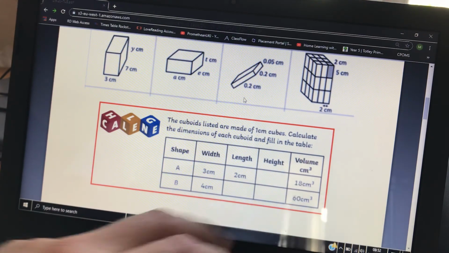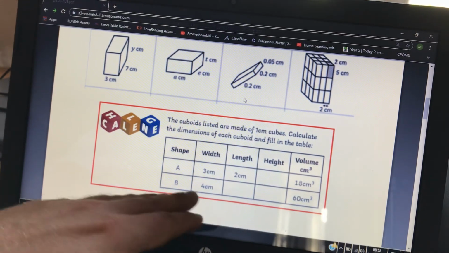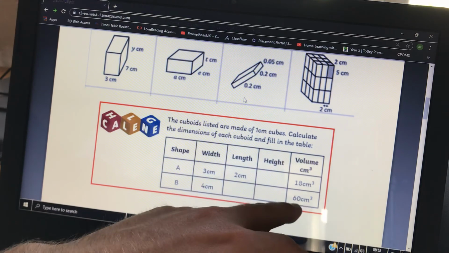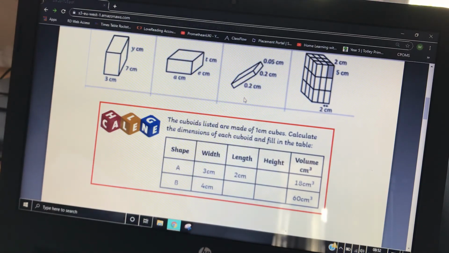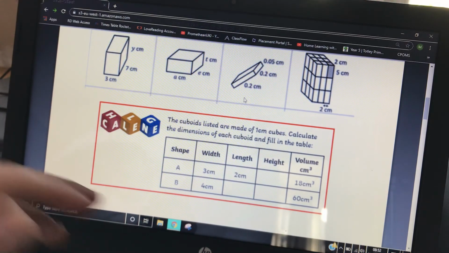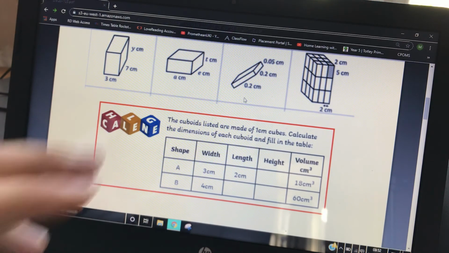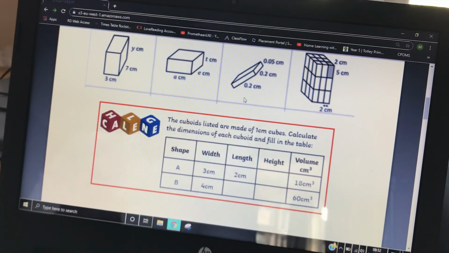You need a number to get to 18. The next one's not quite as easy because you've only got 1 number, but you do know what you need to get to your answer. So my little clue to you is, what can you times by to get to 60 that's in the 4s? I'm going to leave that there because it is actually a little bit simpler than you might think. But good luck with that, and well done.